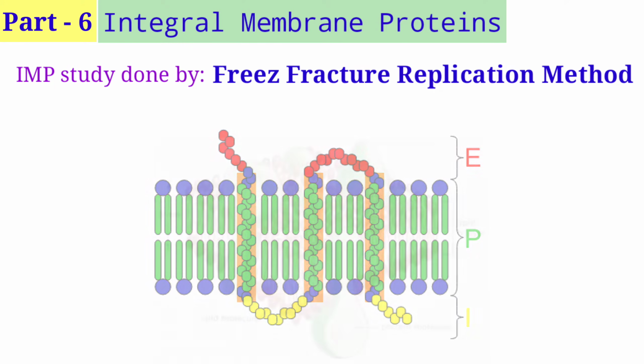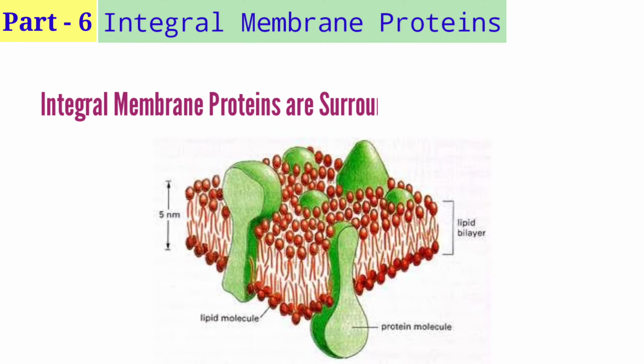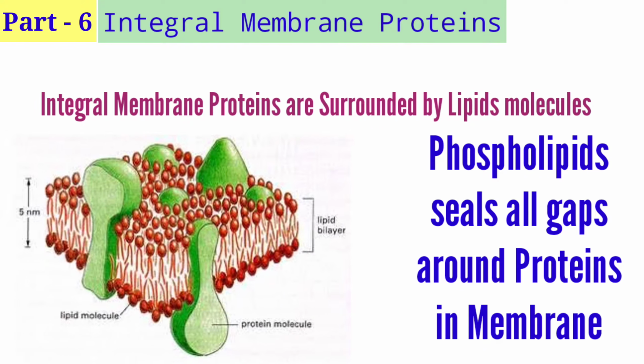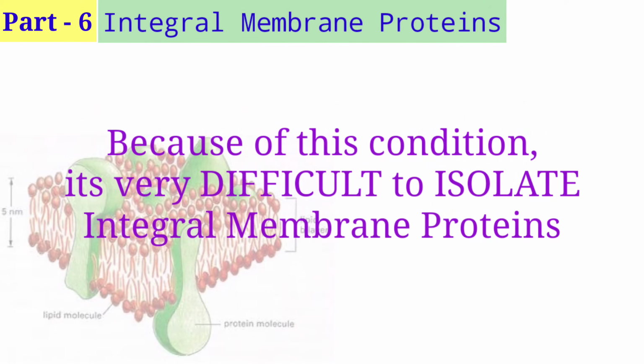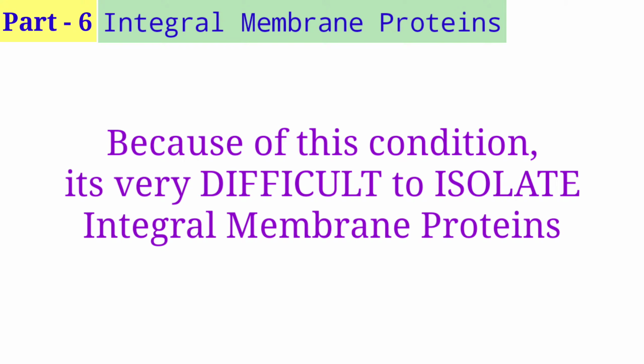Please highlight this. The integral membrane proteins are surrounded by the phospholipid bilayer. These phospholipids form a grease seal around these integral membrane proteins, and a very big portion of these proteins is embedded in the membrane. In order to study these integral membrane proteins, it is very difficult to isolate them.